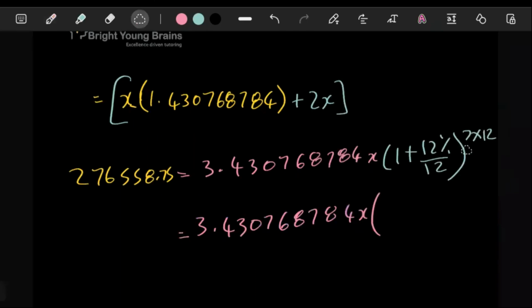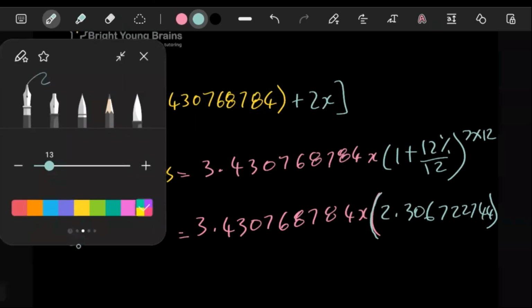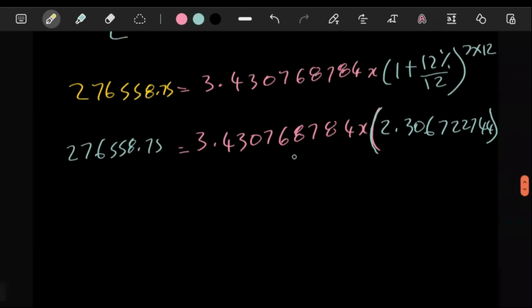So this value here, in the calculator, is giving us 2.3067227, and then this is 276,558.75. Perfect. Now remember, this value is being multiplied by this value, so you can just put those numbers in your calculator.